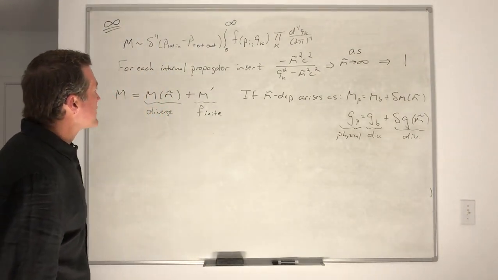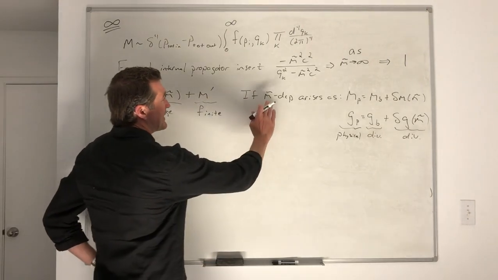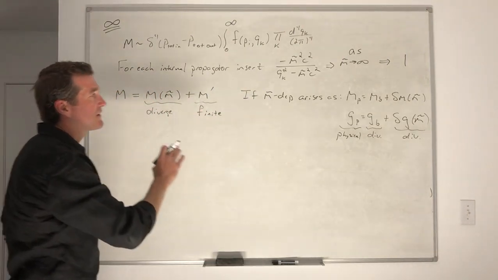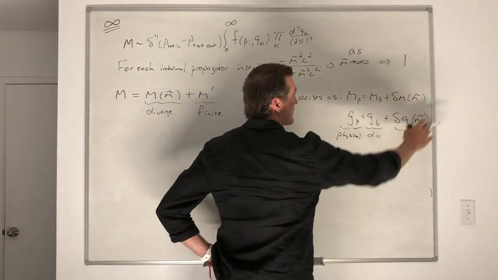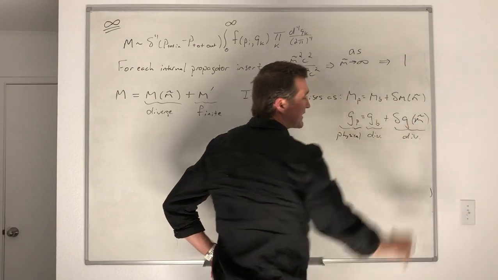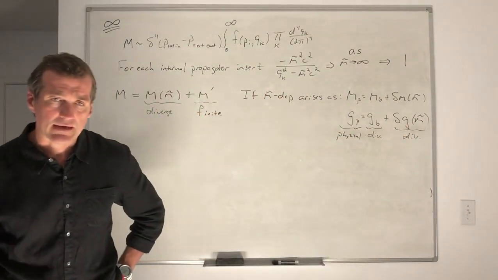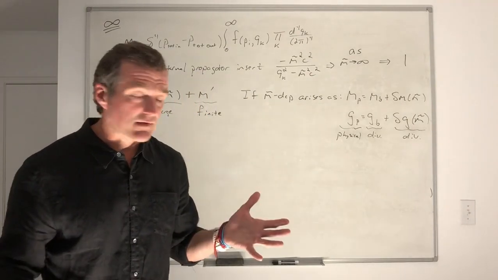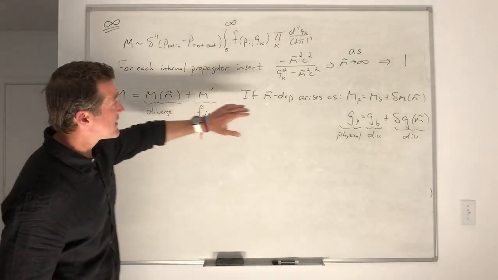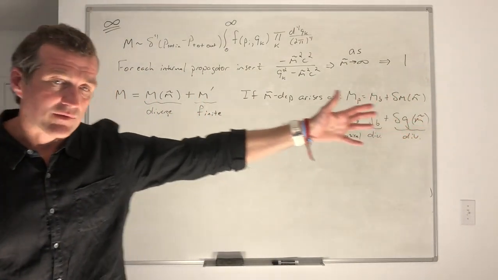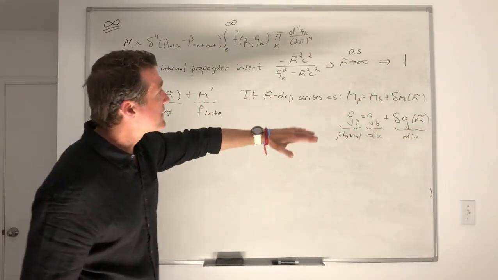So what we discover is, if the infinite divergence in the matrix amplitude can be encoded entirely within these redefinitions of the parameters of the theory, and this is the notion of regularization, by the way. It's rendering the thing finite because we got everything with m twiddle, but ultimately we have to take m twiddle to infinity and let the infinities come back.